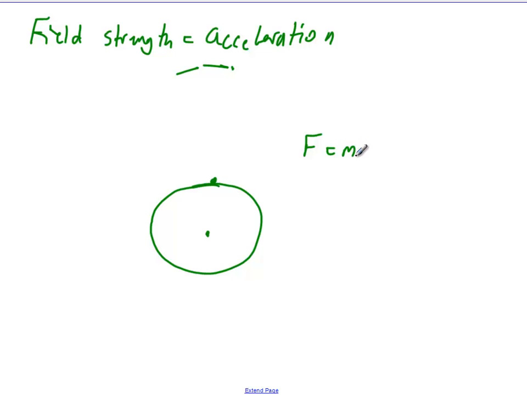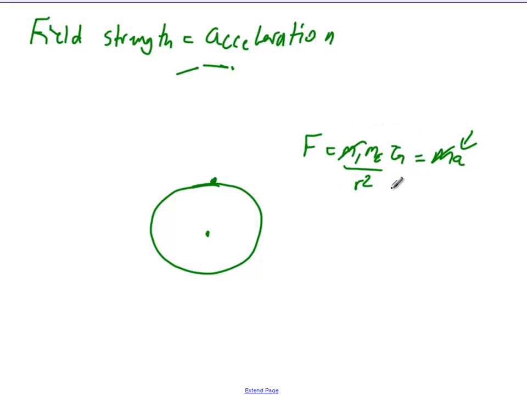F equals m1 times the mass of the Earth, if that's what we're on, divided by r squared, times G. That's the force of attraction between an object and Earth, where r is basically the radius of the Earth. But that's equal to Newton's second law, mass times acceleration, ma. Since m is on both sides of this, it cancels, and the acceleration is what's left: the mass of the central body times G over r squared.